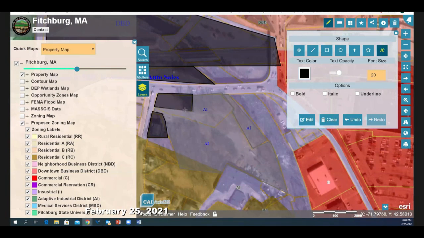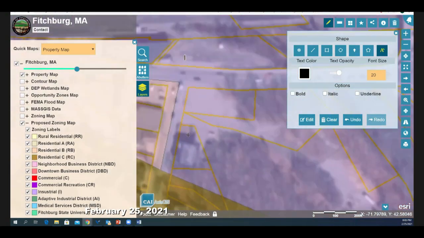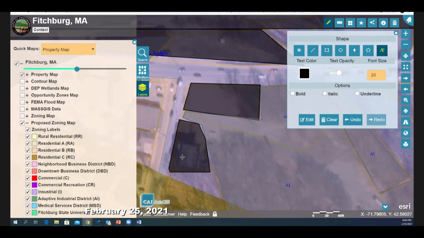So we had proposed zoning it adaptive industrial, and the planning board had proposed taking these 2 properties here, the vacant lot right on the corner of South Street and the vacant lot that's a former demo right behind it. And correct me if I'm wrong here, Paula, this is one where there wasn't. Here? Yeah. Okay, so you'll have to remind me what the decision was. Yeah, it was the NBD for those 2, and we have the AI behind it.